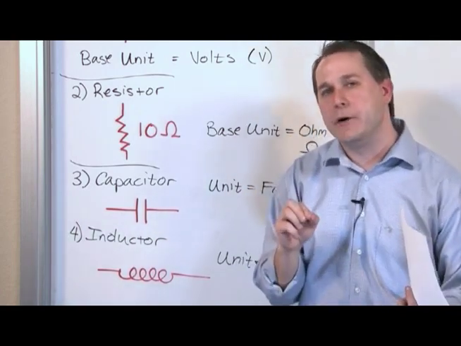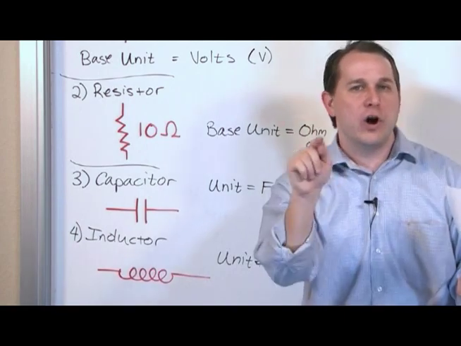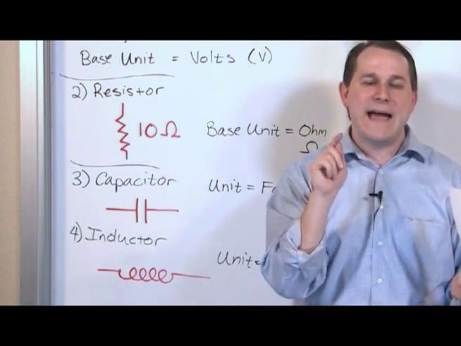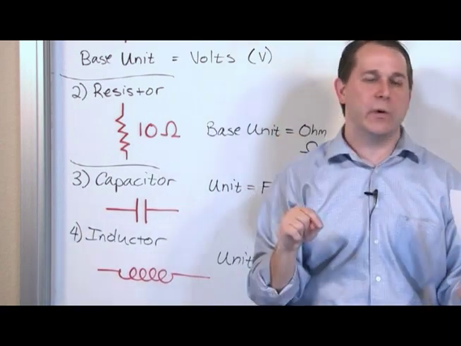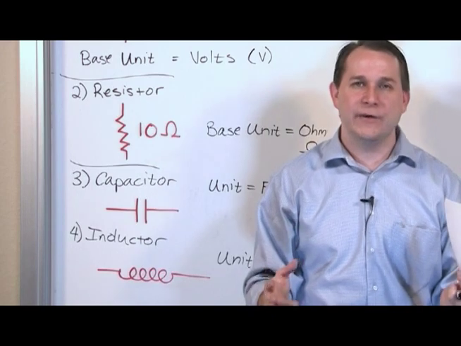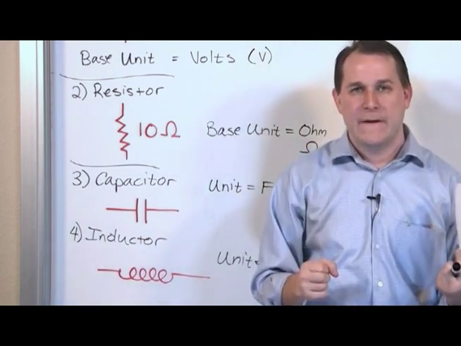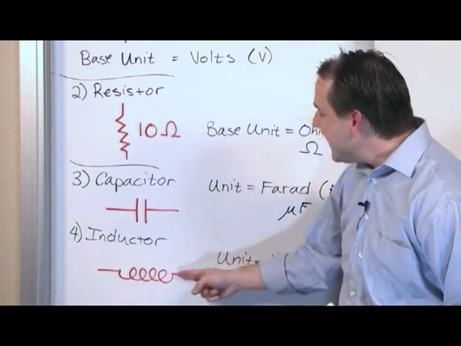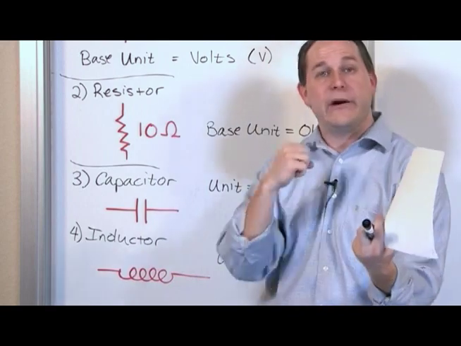Then it turns out that if you run an electric current through this very long coil of wire, the magnetic field inside the coil is going to be very, very strong. And the stronger the magnetic field, the more energy is stored in that magnetic field. So what you're doing is creating a situation where the magnetic field adds together inside and gets very strong.